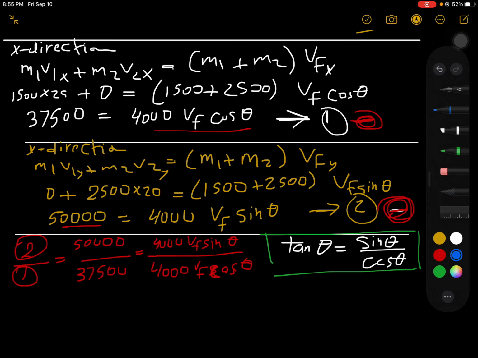So by simplifying, we can remove this with this and this with this.